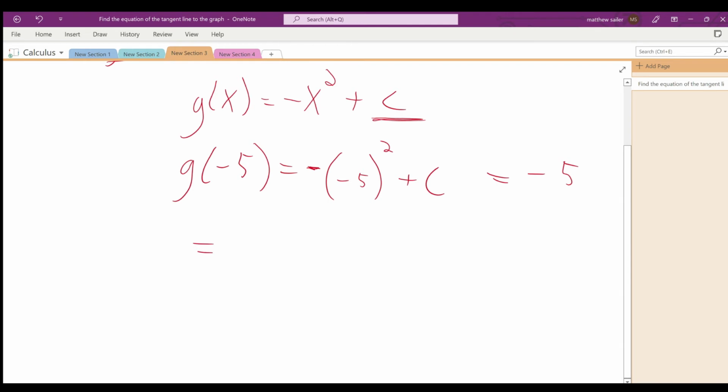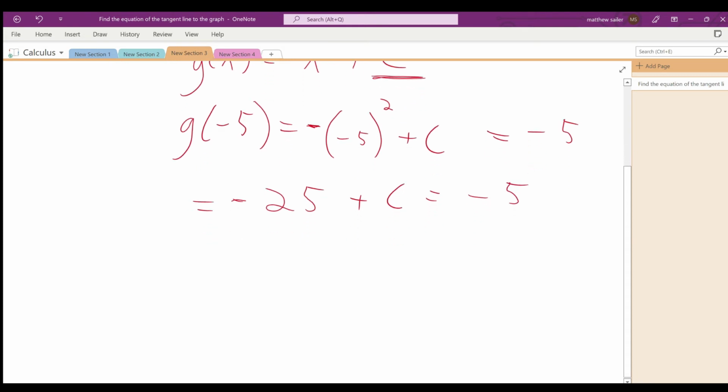And so we get negative 5 squared is 25, and this still has negative on the front, plus c equals negative 5. And solving for c, we will add 5 to both sides and we will get 20 equals c.